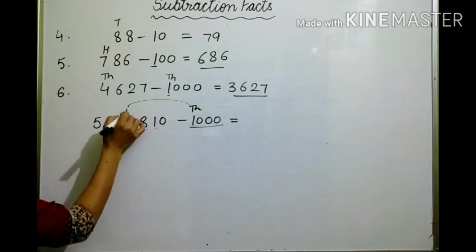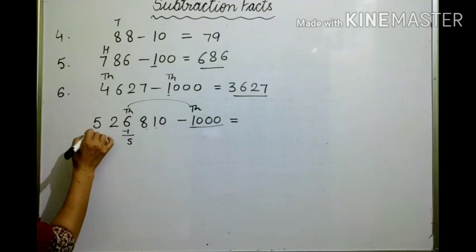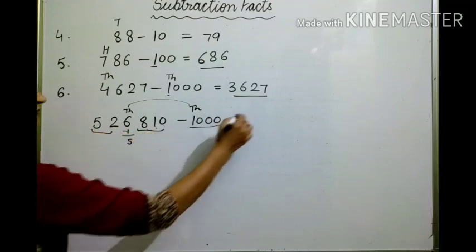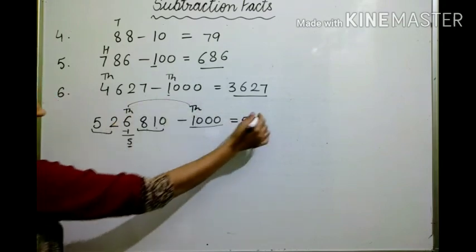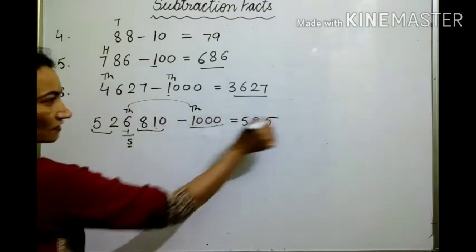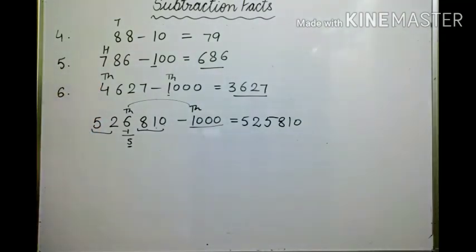Ones, tens, hundreds, thousands place digit. It will be decreased by 1 and other place digits will remain the same. The 6 here will become 5 and 8, 1, 10 will remain the same. Hope you understand it.